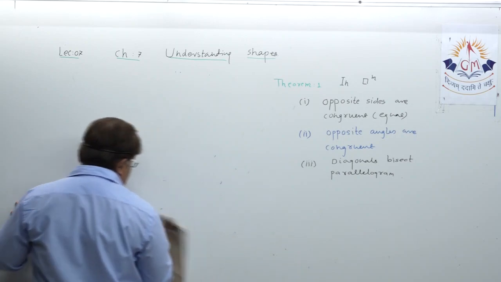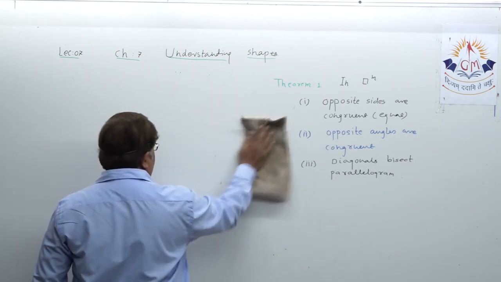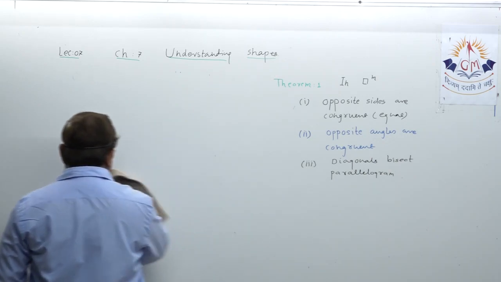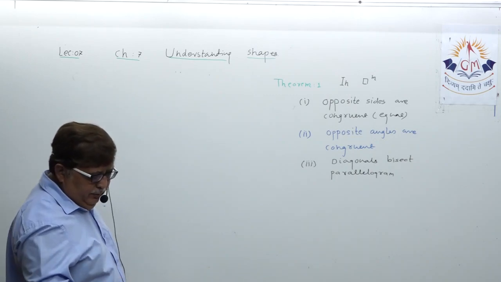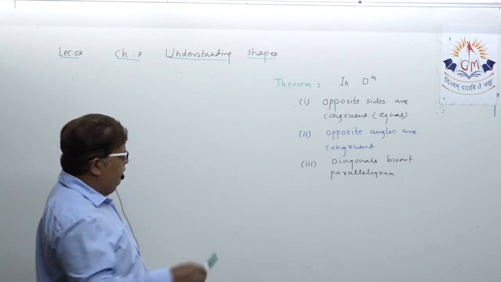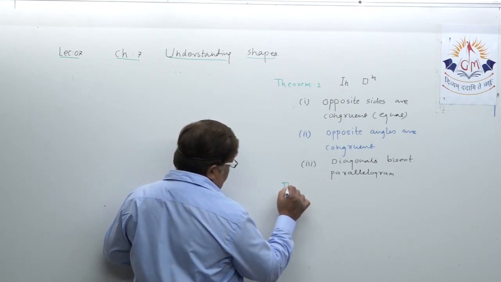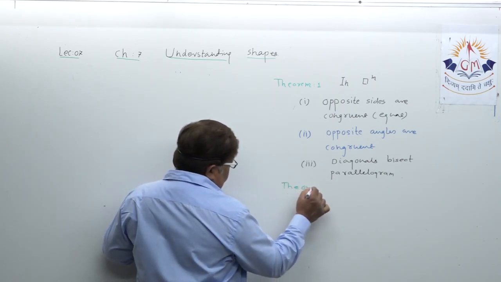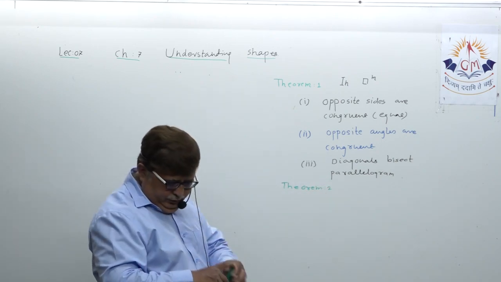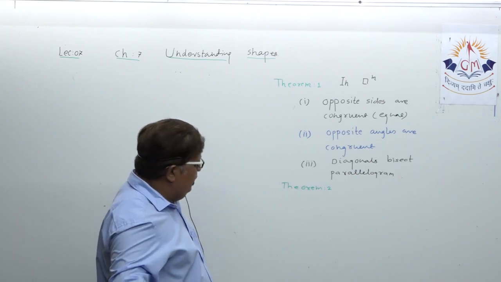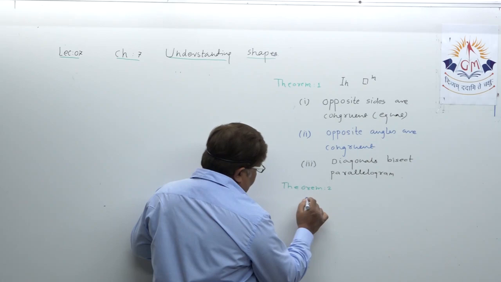Let us summarize it as one of the properties of parallelogram. Let us write it. Theorem number 2 regarding parallelogram, and what you conceptually proved, that is your concept number 4.